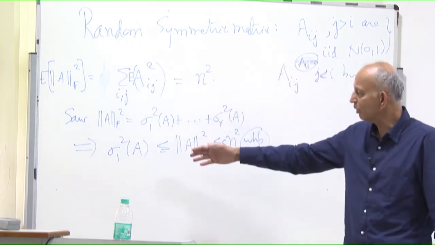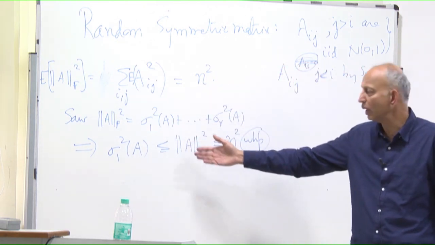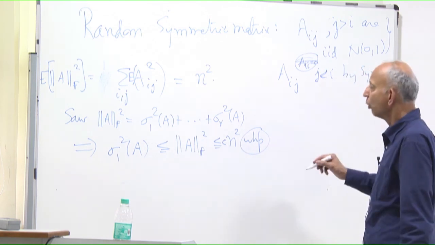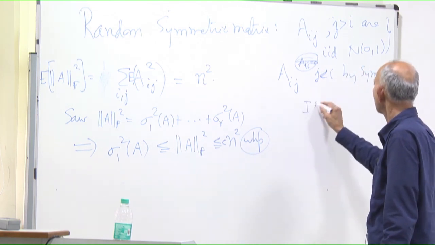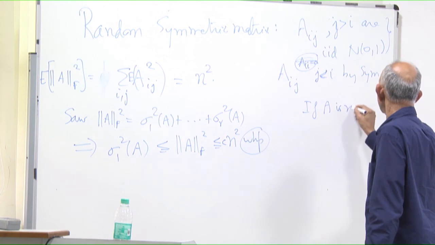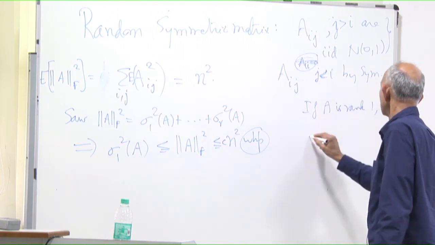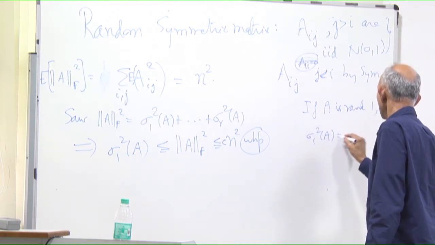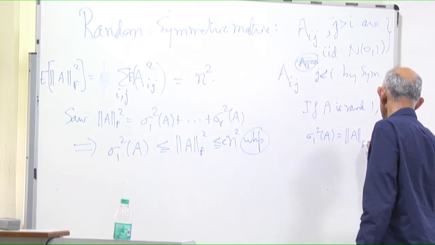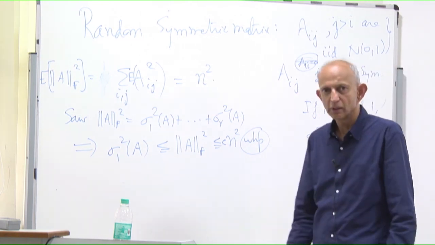In general, if A is rank 1, sigma 1 squared of A equals the Frobenius norm of A squared, right? That's true in general.